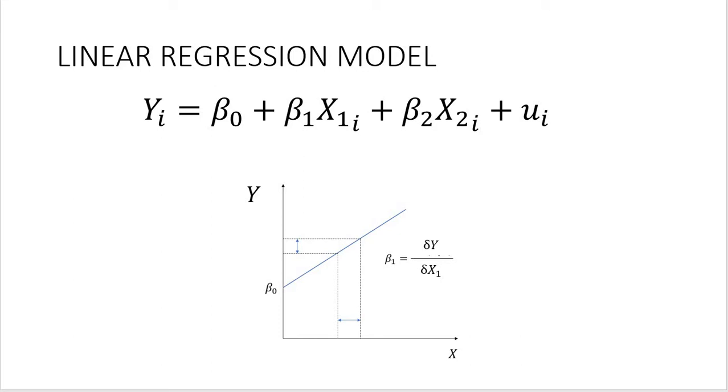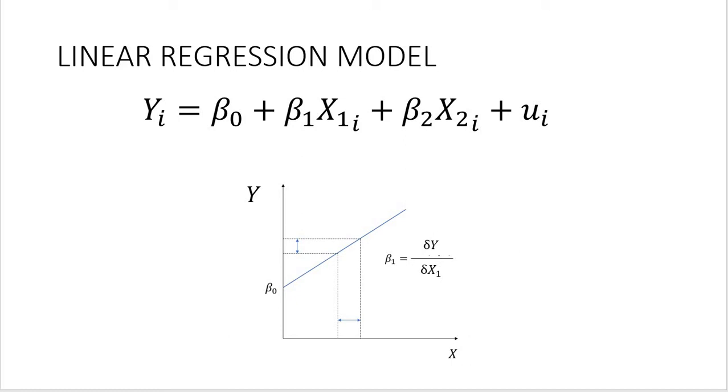So if x1 is represented by a linear term, so we just take the variable as it is and we put it into the regression model, then we automatically assume that the dependency of y on the value of x, in our case x1, is constant. It does not depend on the value of x.